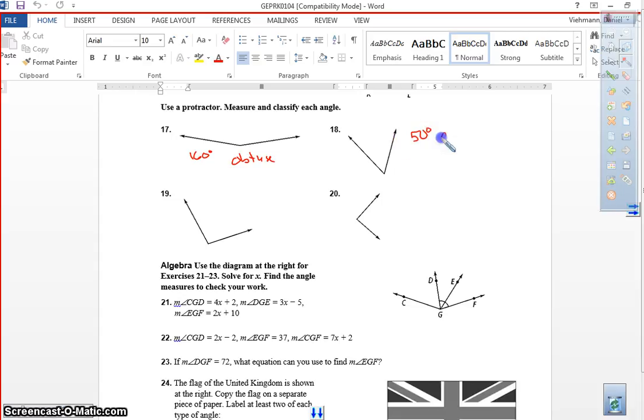Which makes it an acute angle. I got 56. I'd say about 60, but we're just splitting hairs. It's still between 0 and 90, which makes it acute. Did we have to do it like that? Nope. Could we have? Yep.